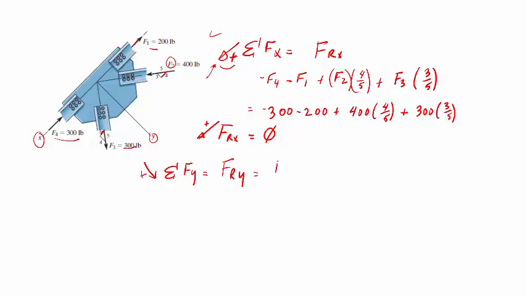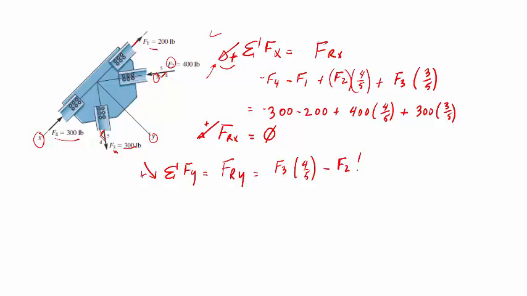So I go to F3, and the component in Y here, that's F2. The component in Y here for F3 is 4, so F3 4/5, and that is positive.